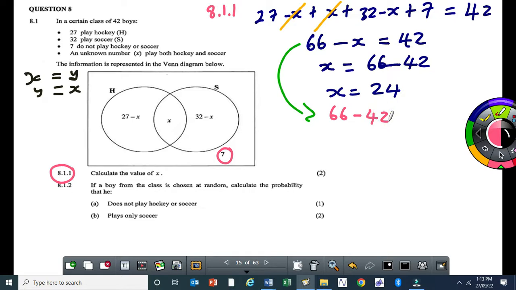Because I'm sharing with you something important. Then the negative X becomes positive. Am I right? What is 66 minus 42? Which is the same as X equal to what? It's the same.